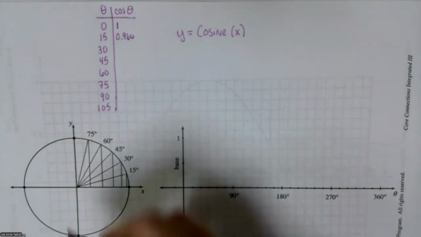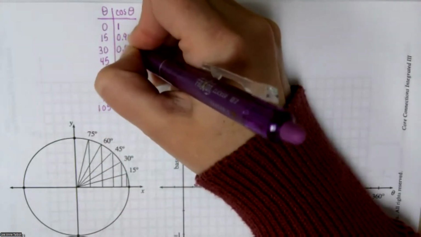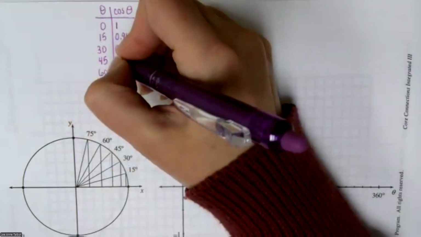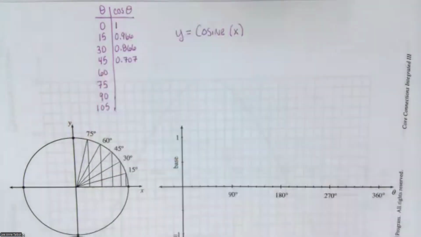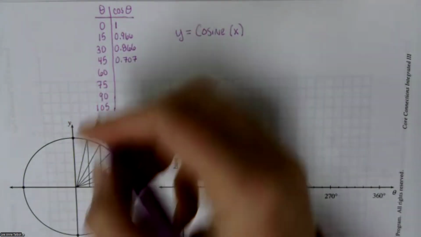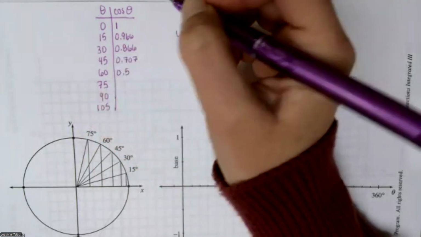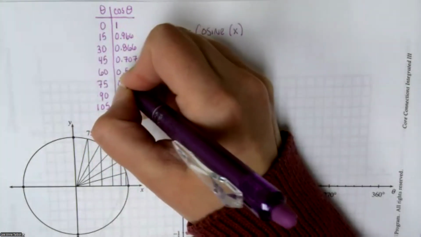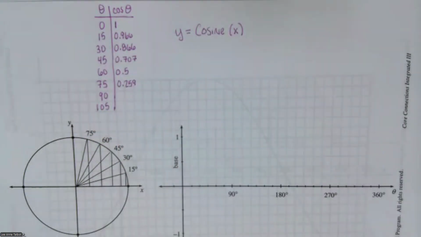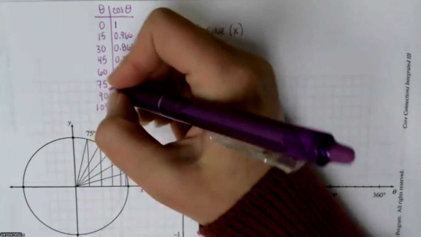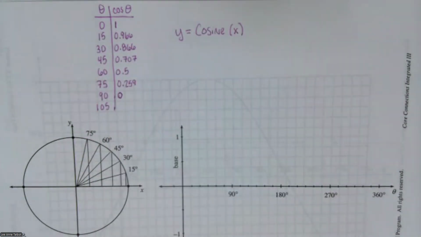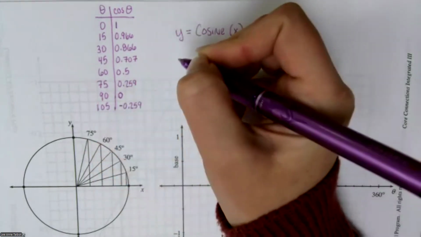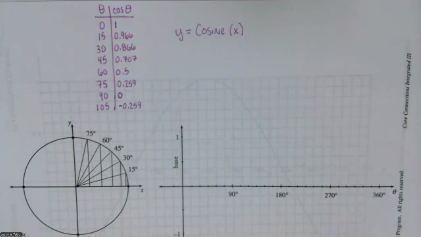Round to 3 decimal places, please. Are any of these decimals seeming familiar?